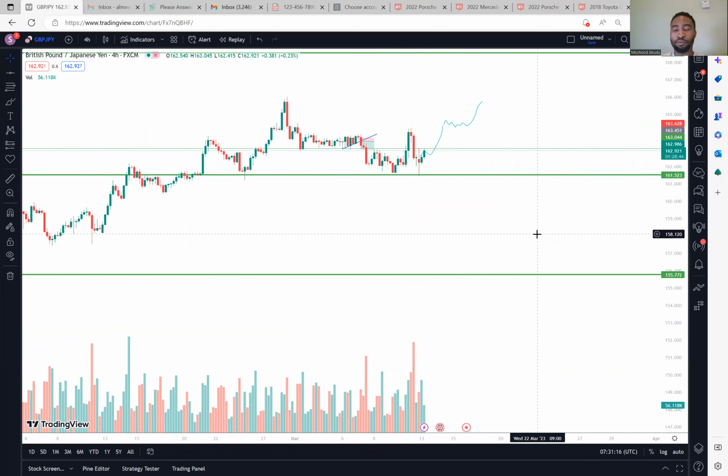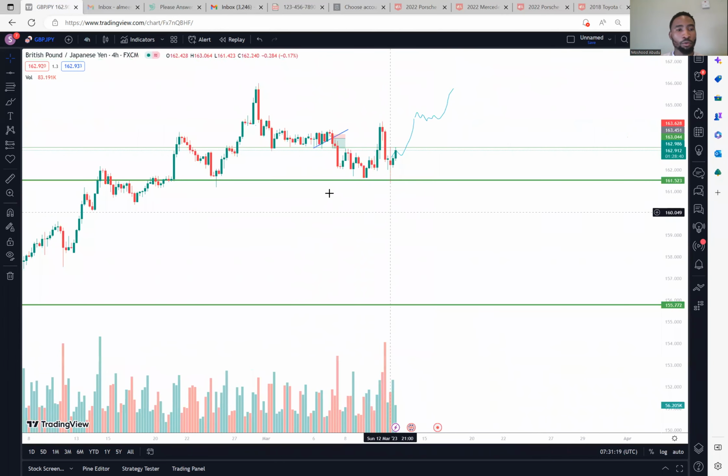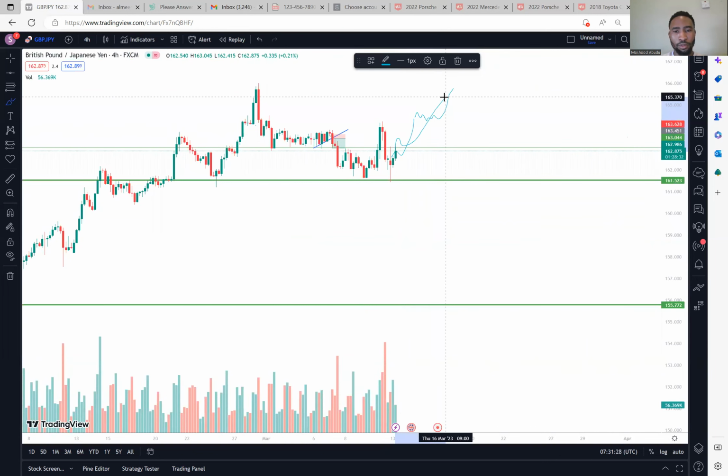But again, on the 4 hour time frame, I'm waiting for the market to give us a little push up to this side and up, or to come like this and go. That's one of the things that I'm waiting for.